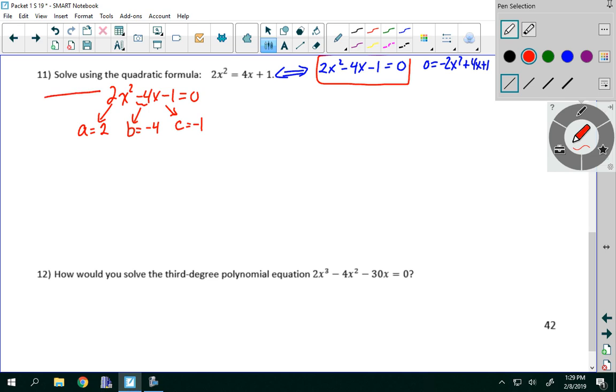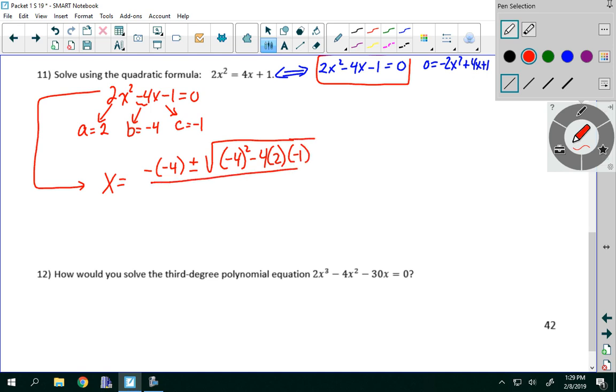We're going to solve an equation, and the solution will always have x equals. So we always want to make sure we begin a solution with x equals. X equals the opposite of b, which is the opposite of negative 4, plus or minus the square root of negative 4 squared minus 4 times a times c, all divided by 2a.